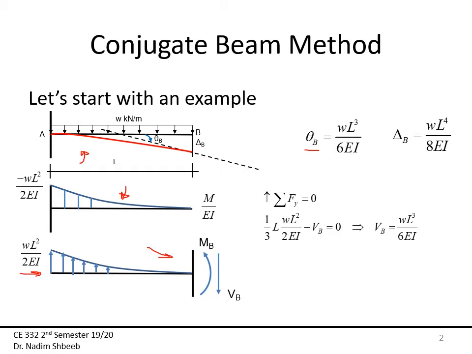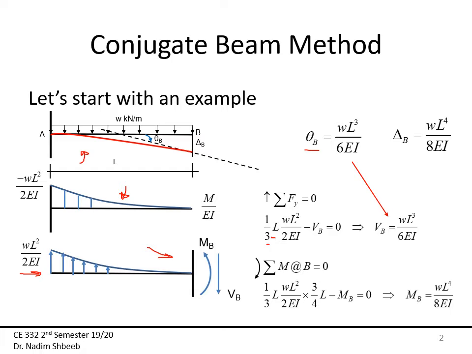Then, because this is a second degree, the area is going to be 1/3 the length L times the height, which is WL squared over 2EI, minus VB equal to 0. Then VB is equal to WL cubed over 6EI. And that looks exactly like theta B. Okay, so we'll get back to that.